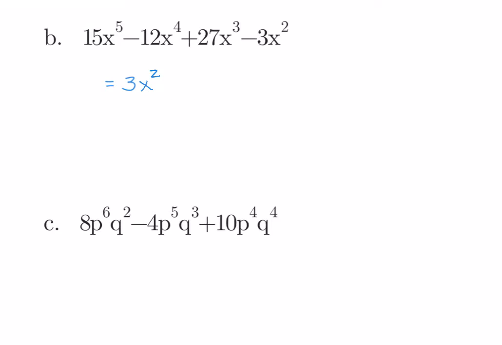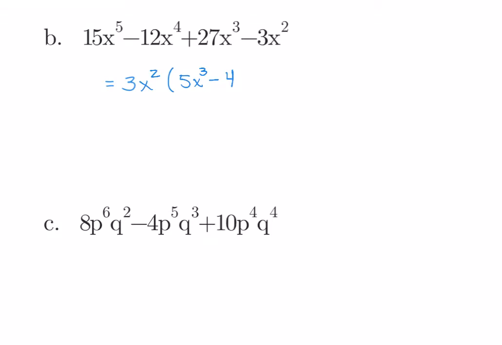All right, if we go ahead and divide each term by 3x squared, 15 divided by 3 is 5. X to the 5th divided by x squared, if we divide, remember we subtract the exponents. We are left with x cubed minus 12 divided by 3 is 4.